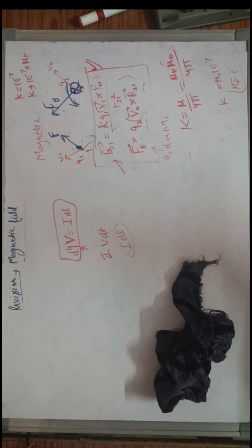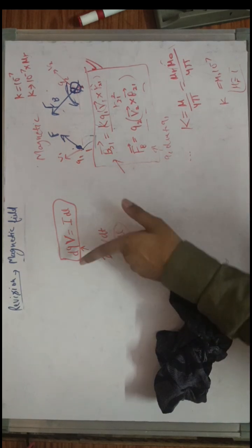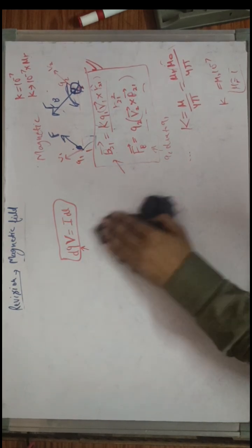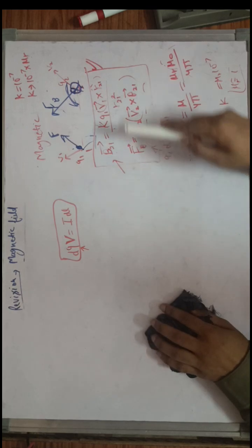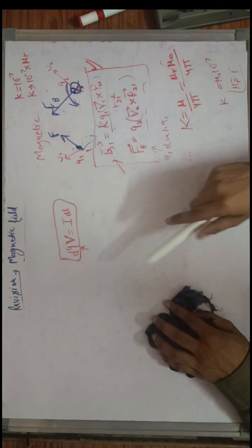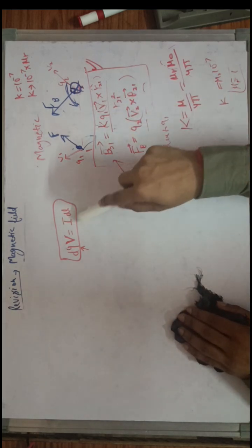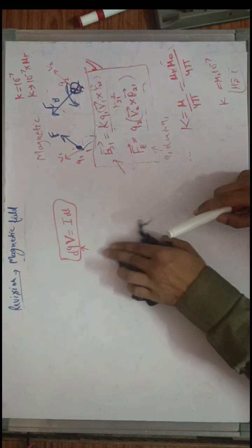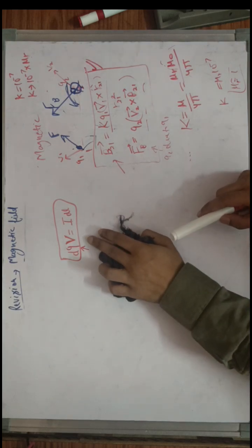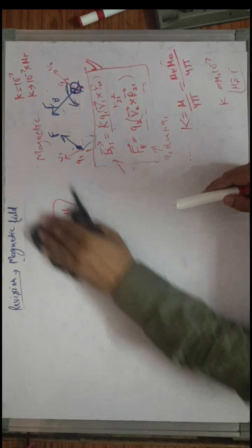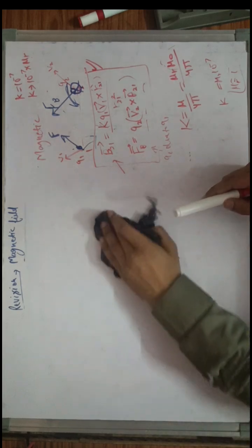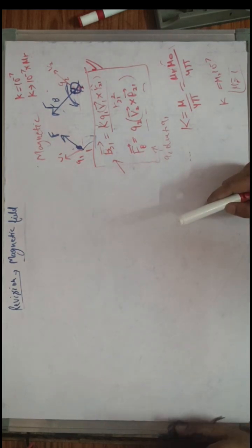So we can use this conversion for simply converting from this form of equation to the Biot-Savart's law. When there is current given, then we will use this. When there is a point charge given and velocity given, then we will use this formula. Both are the same formulas, just a little bit modified.